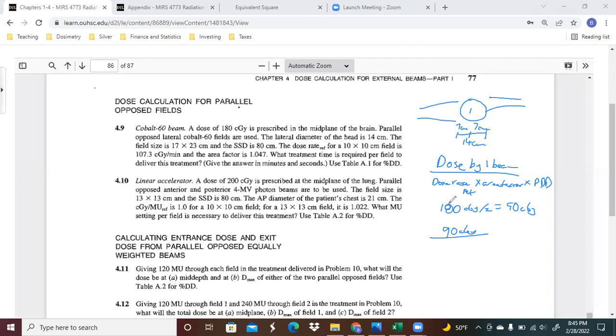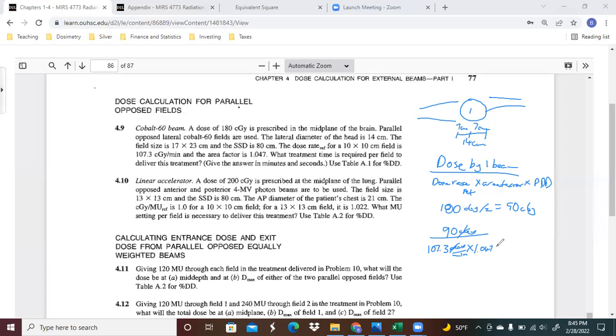We also know that the dose rate for the reference field is 107.3 centigray per minute. And what we're going to see here is that these two units cancel out. The minute, since it is in the denominator down here, will end up being in the numerator later on. So we're going to multiply that by 1.047 to account for the fact that we have a larger field than a 10 by 10.